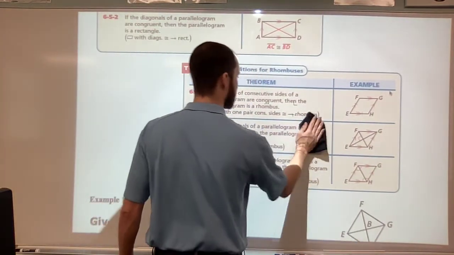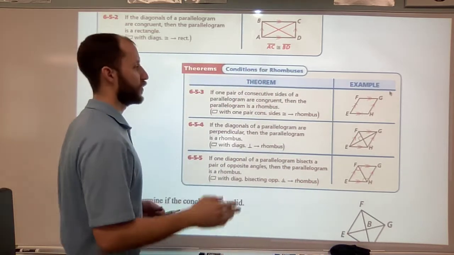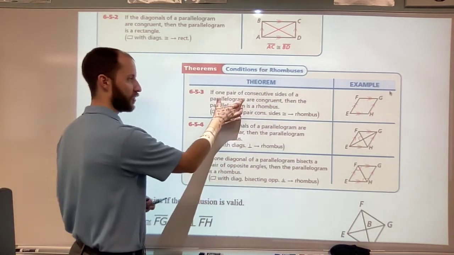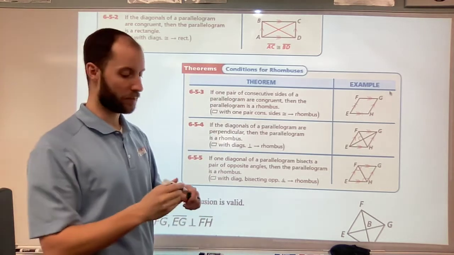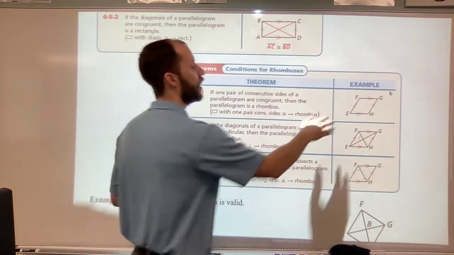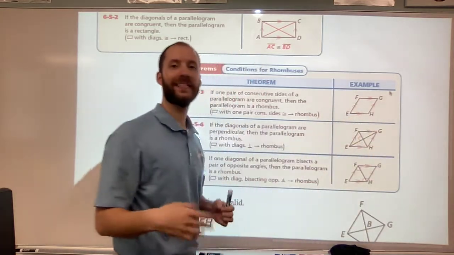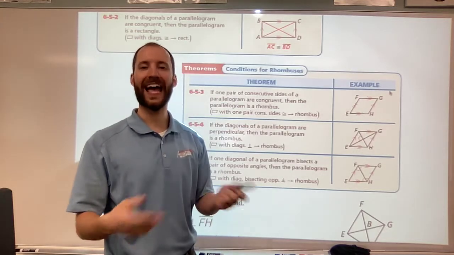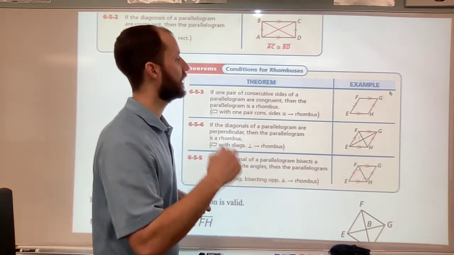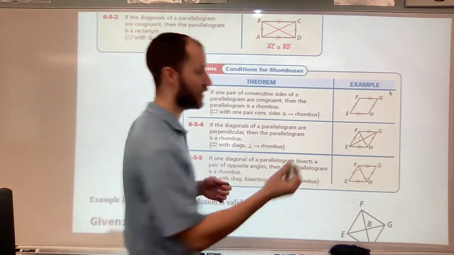Depending on what you want to show, you show this specific information. So then rhombuses also. First, you have to show the parallelogram, and then what's the bare minimum you need? One pair of consecutive congruent sides, so one pair of sides that are next to each other and congruent. If it's a parallelogram, opposite sides are congruent.